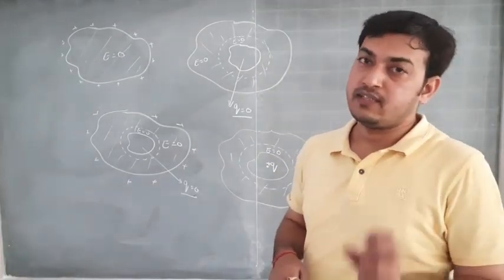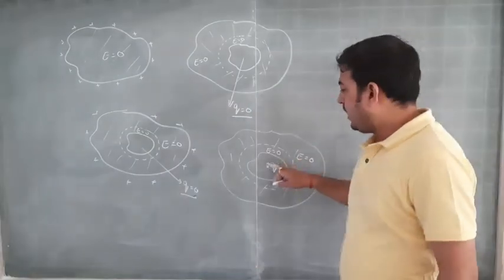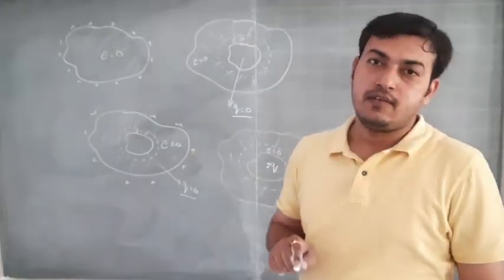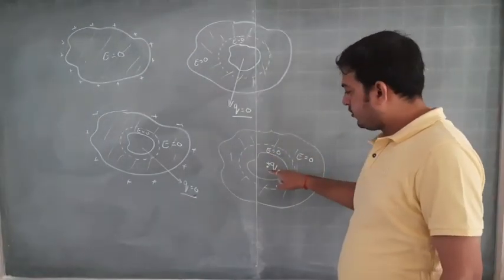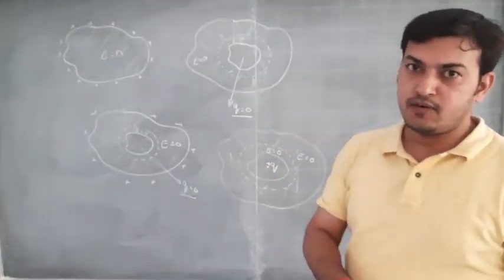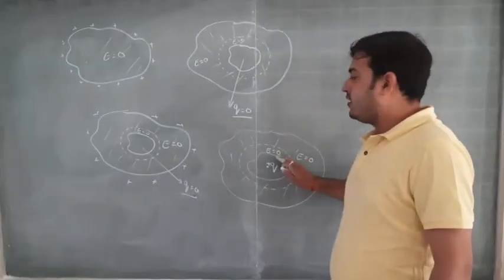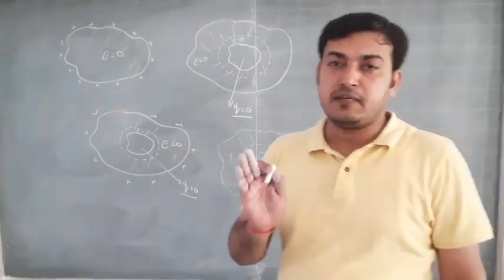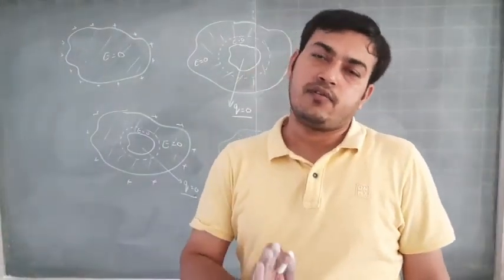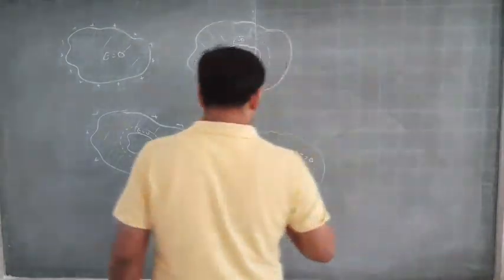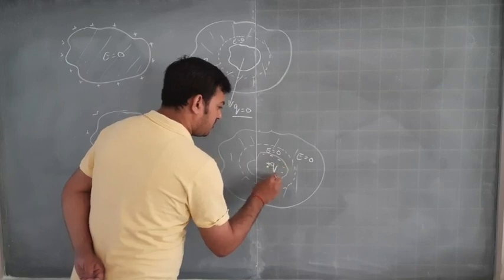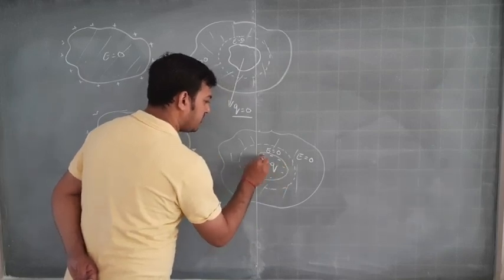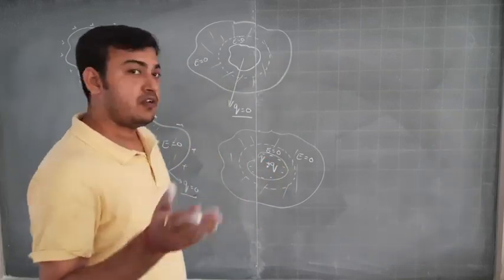To meet that condition we need an equal amount of negative charge inside this Gaussian surface, so that the net charge becomes 0 and the electric field is 0, and that meets the laws of electrostatics.